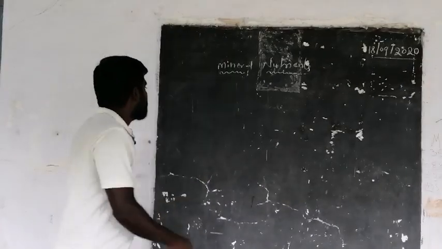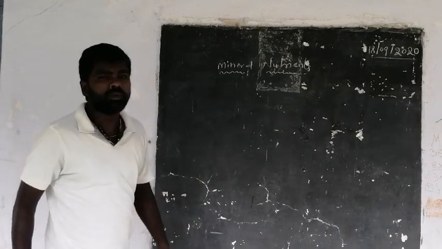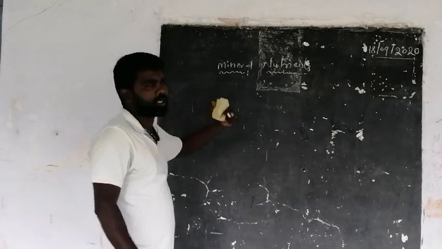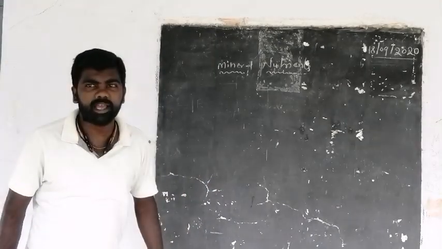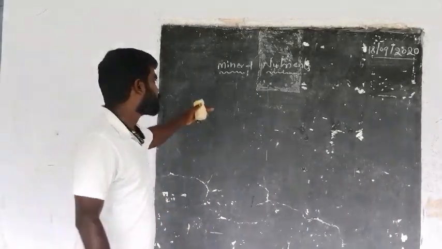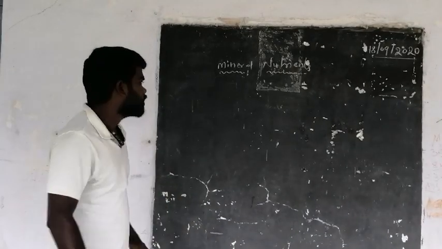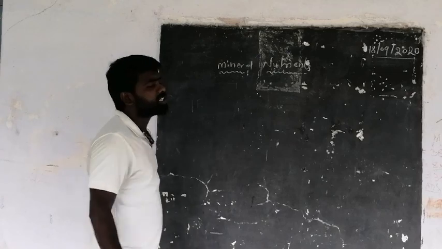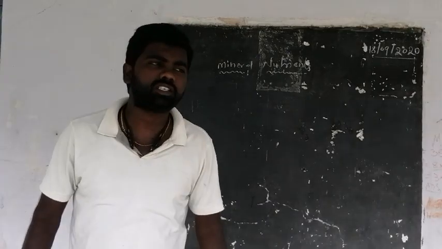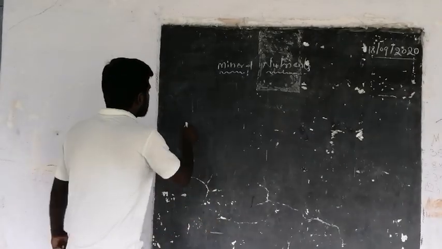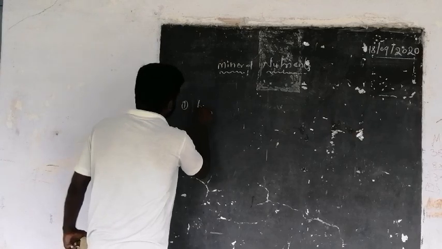Basically, there are two kinds of mineral nutrients for the plant's growth and development: essential and non-essential.